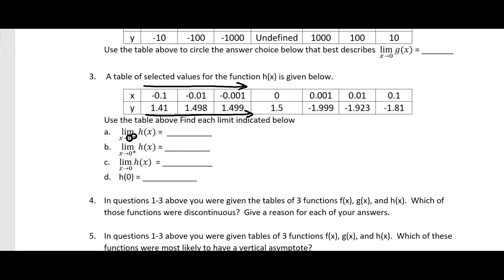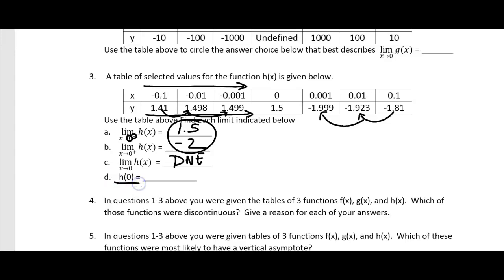Well, I'm getting closer and closer to, it looks like about 1.5 to me. And as I approach from the right, well, that's getting closer and closer to -2. Now, once again, if the left and the right don't match up, which they don't, then that means that the limit doesn't exist.